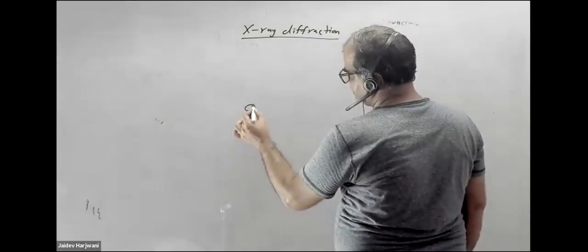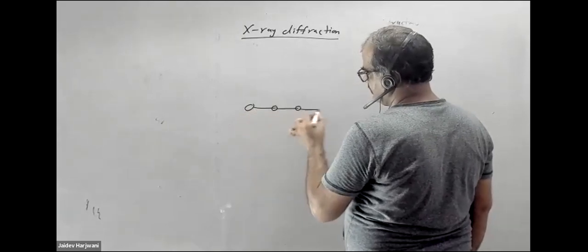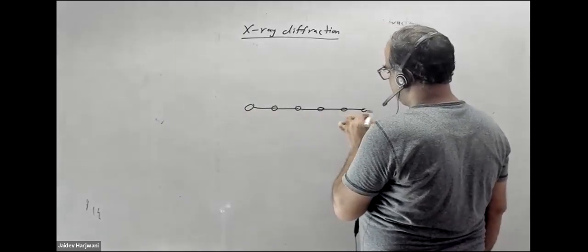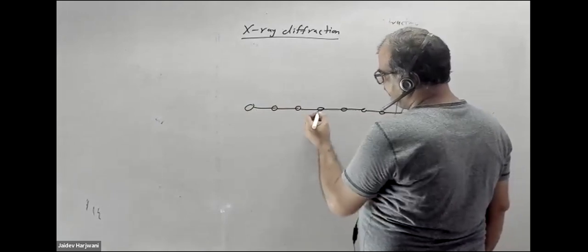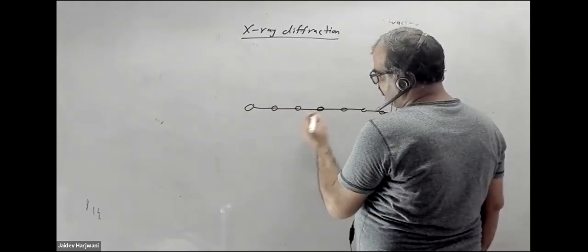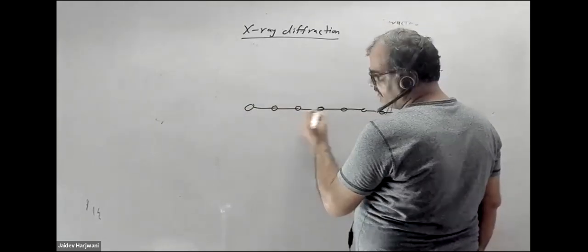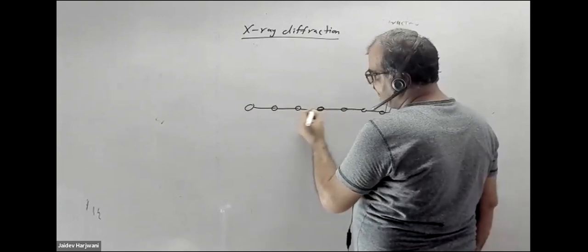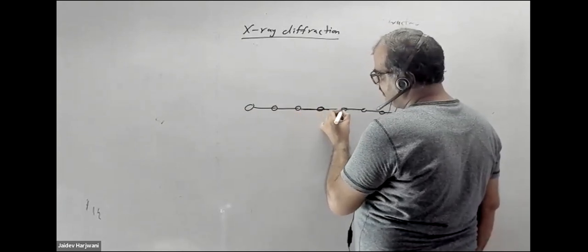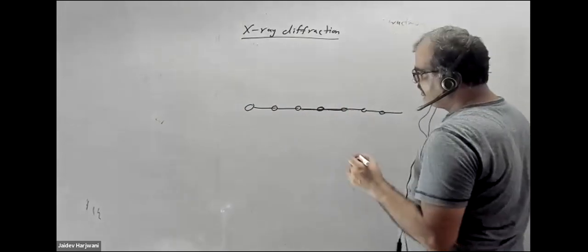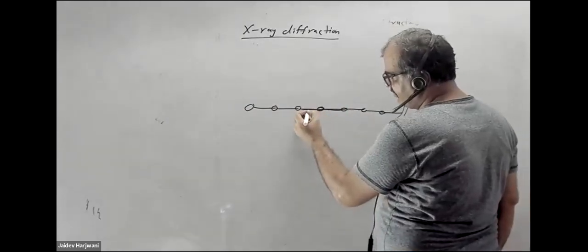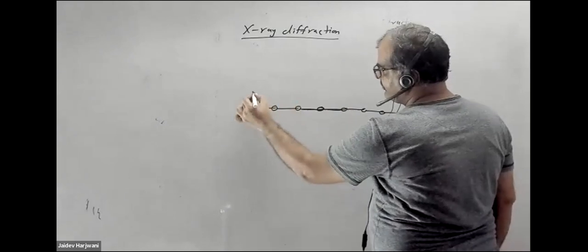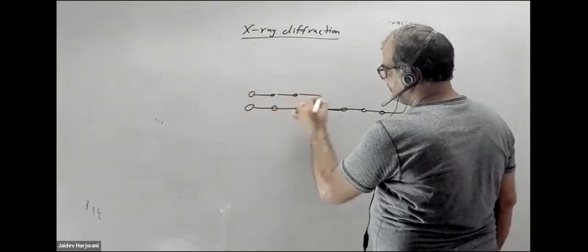So for example, if I have a one dimensional lattice, now what I have to do is connect this point with the nearest neighbors. So in 1D these are the nearest neighbors. Now divide this distance in half. Suppose we have one more atom here, one more atom here.